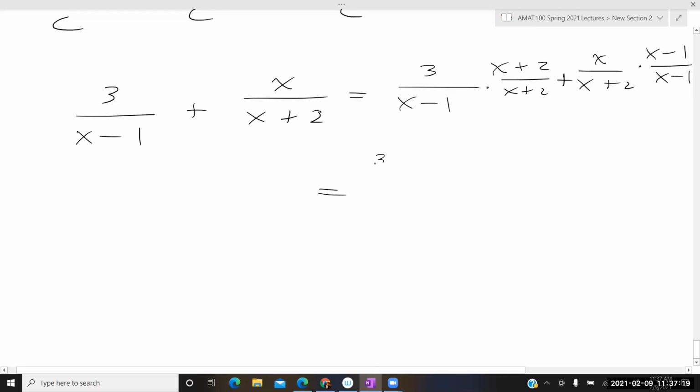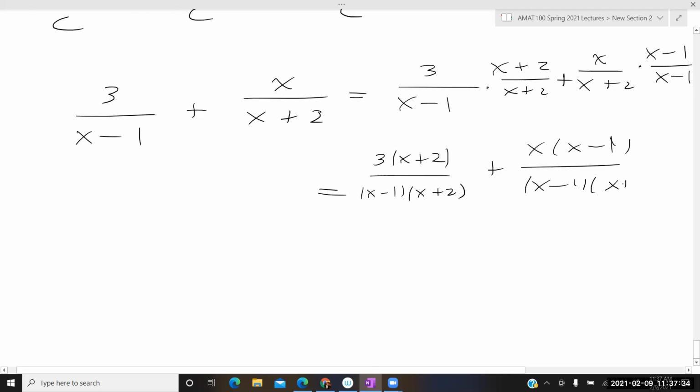So we get 3 times x plus 2 over x minus 1 times x plus 2, and then x times x minus 1 over x minus 1 times x plus 2. So they have the same denominator. Now I'm going to distribute and then add. So we get 3x plus 6 plus x squared minus x over x minus 1 times x plus 2.